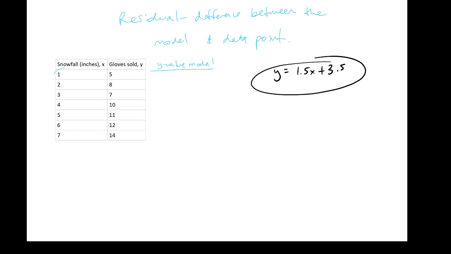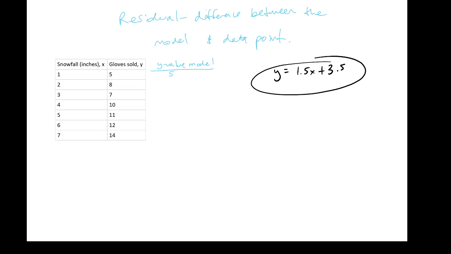In other words, we're going to take this 1 and input it here. If we input 1, the outcome is 1 times 1.5, plus 3.5, and that outcome is 5.